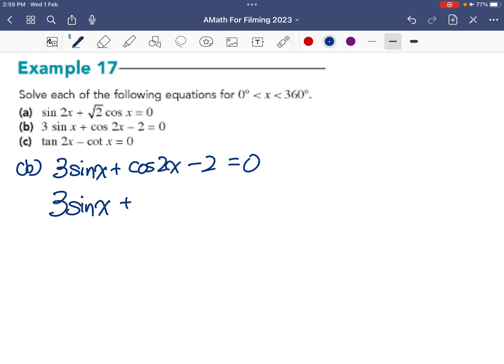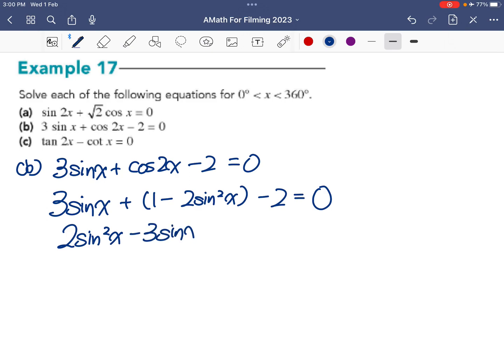If I begin there, what I'll say is 3 sine x plus 1 minus 2 sine square x minus 2 equals 0. If I simplify my equation, I get 2 sine square x minus 3 sine x plus 1 equals 0.